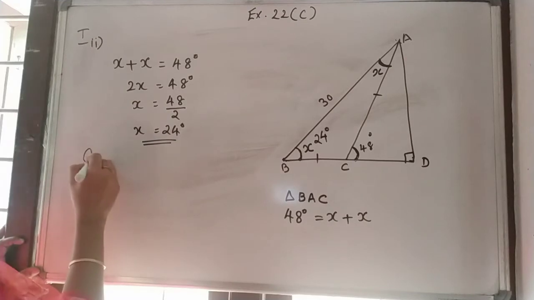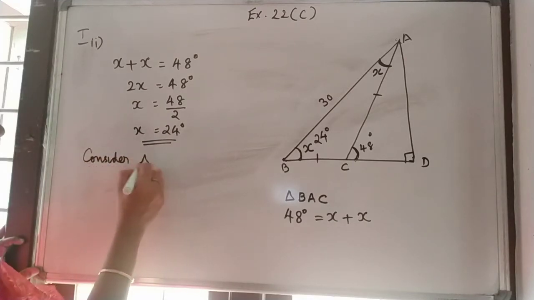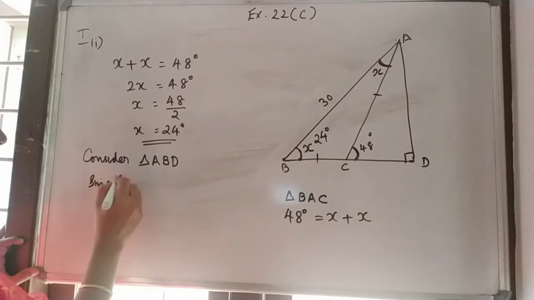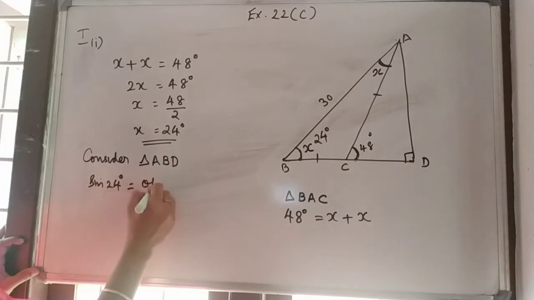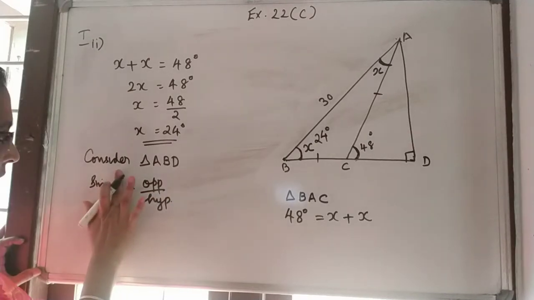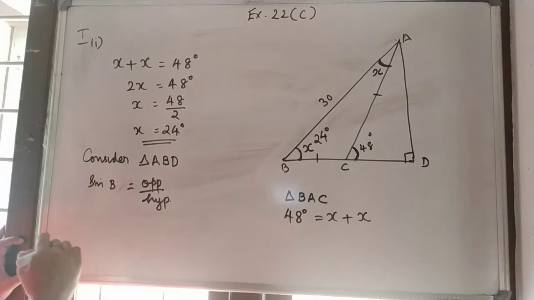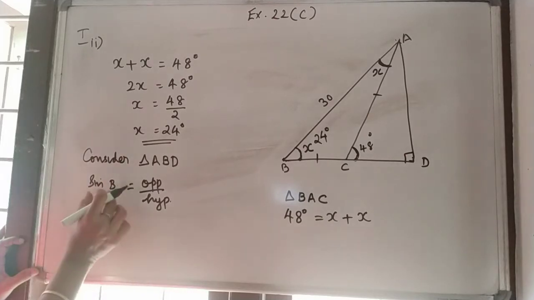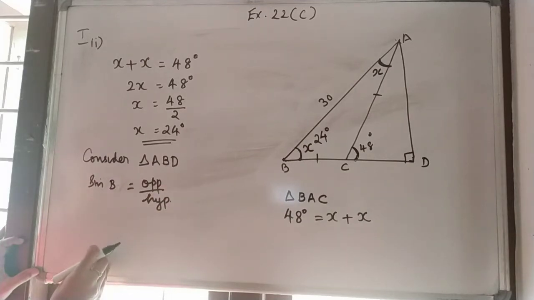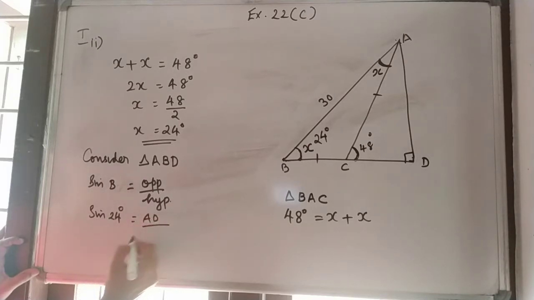If we consider triangle ABD, sine B is equal to opposite divided by hypotenuse. Angle B we got as 24 degrees, equal to opposite AD divided by hypotenuse 30.